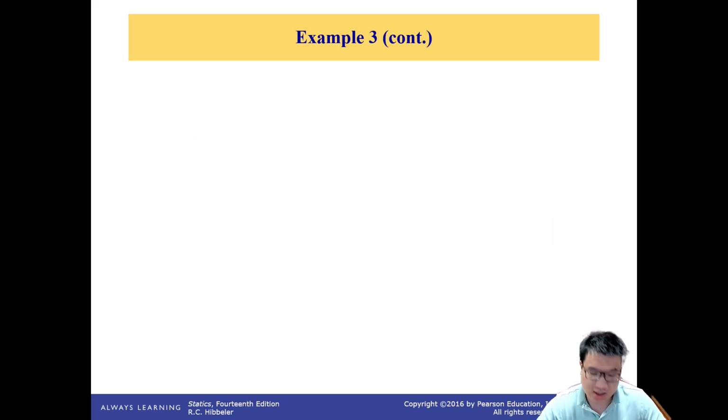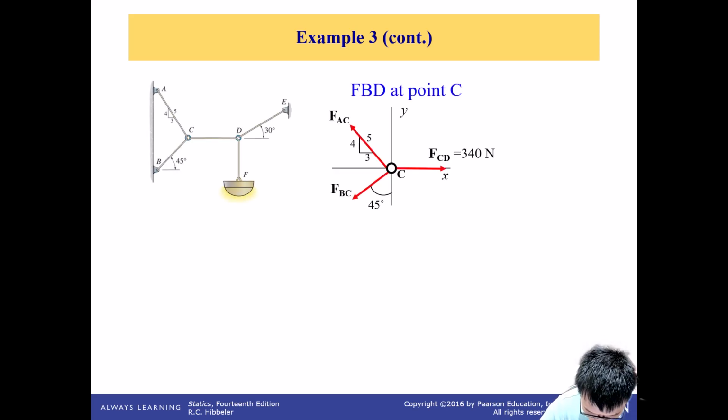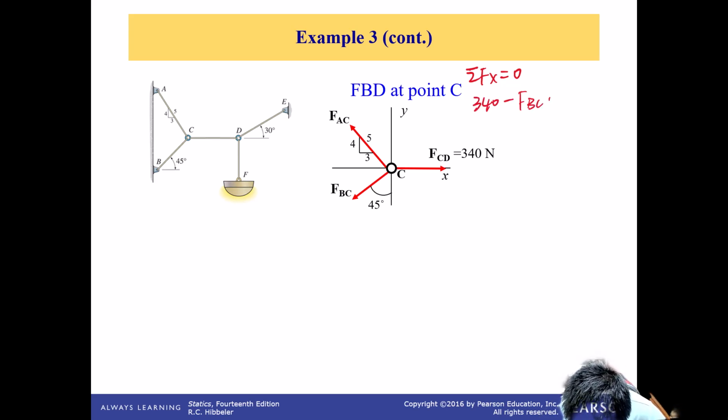After solving at point D, we need to solve the problem at point C. Because we know the FCD is 340, similarly, the sum of the Fx equals 0 at point C, we get 340 minus FBC times sine 45 minus FAC times 3/5 equals 0.